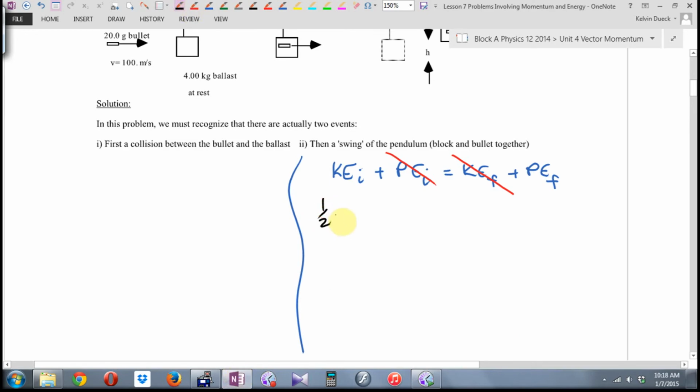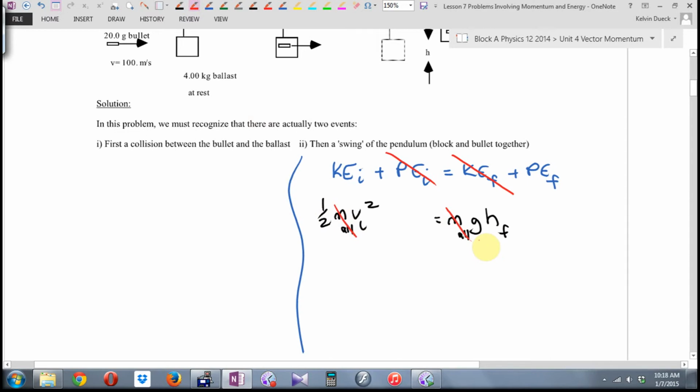A half m v initial squared. Now, this m is the mass of all of them because they're stuck together after the collision, equals mgh final, where this m is the mass of all of them. Although, wait a minute, I guess I didn't need to be so fussy about the masses. Much like on amusement park rides, it turns out.